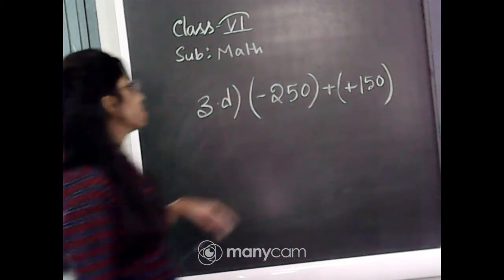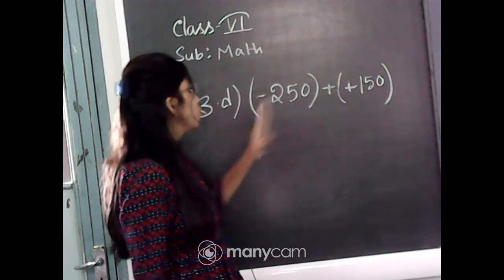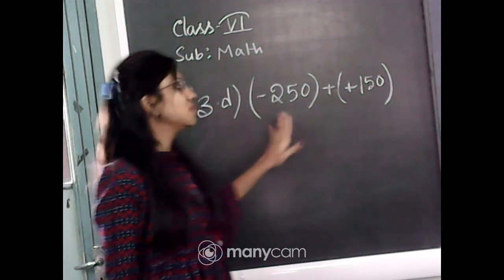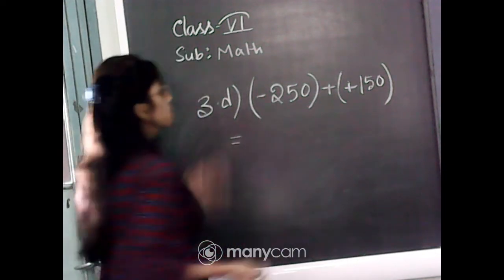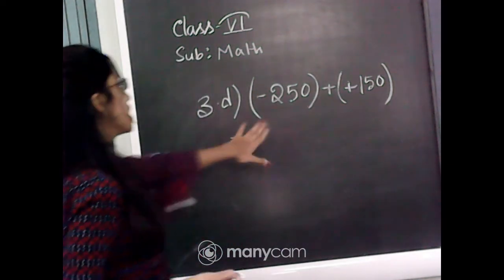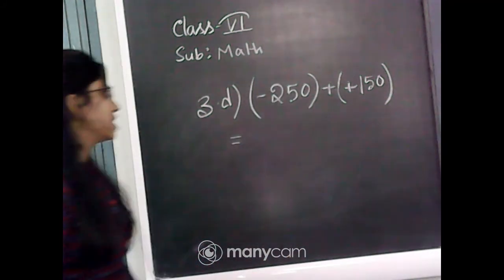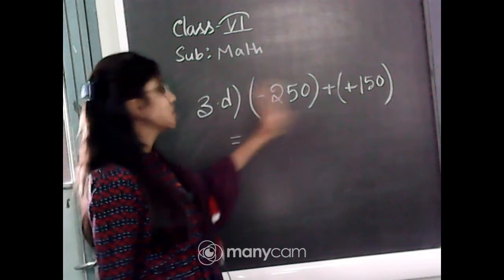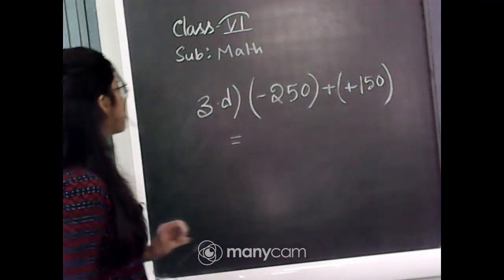When we have one positive integer and one negative integer, we must subtract. And the answer will take the sign of the bigger integer, ignoring the signs of the numbers.